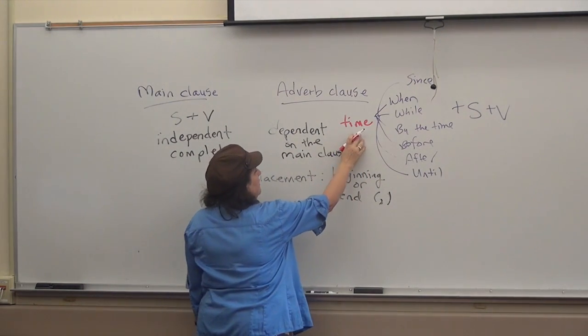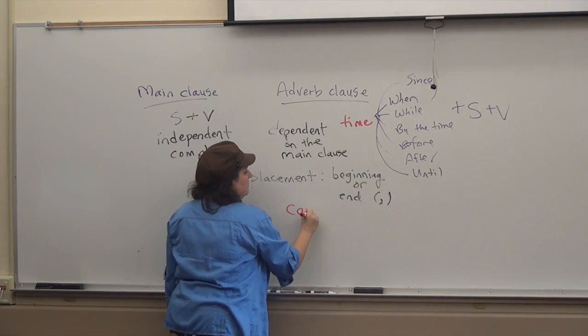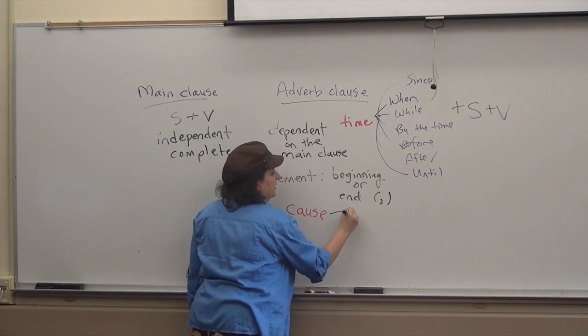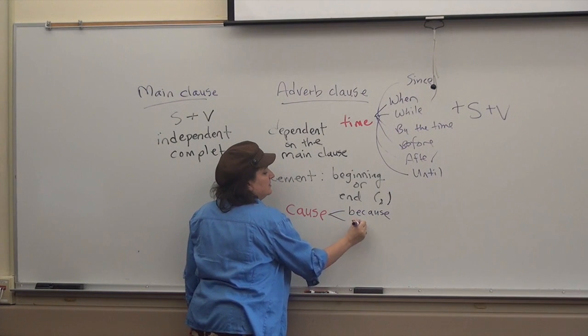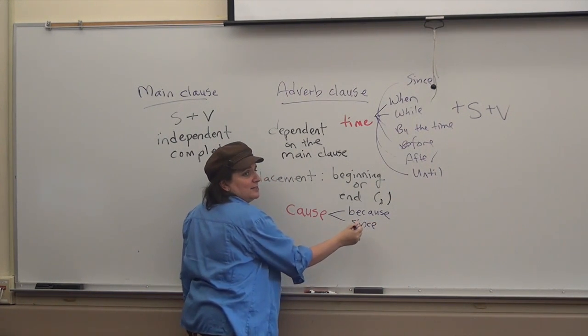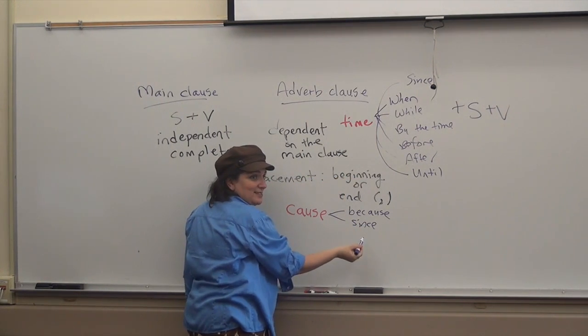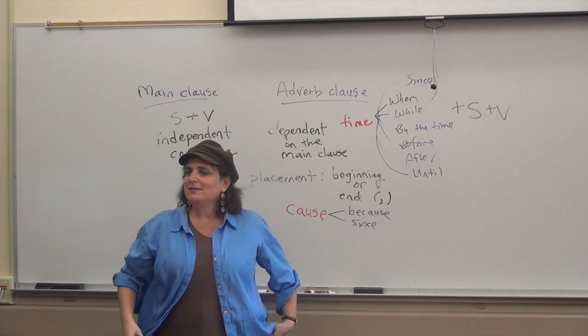We have clauses of cause. They are introduced with because or since. This since should not be confused with this since. This is cause since, and this is time since. Same word, two different meanings.